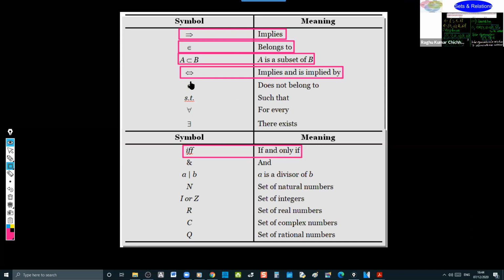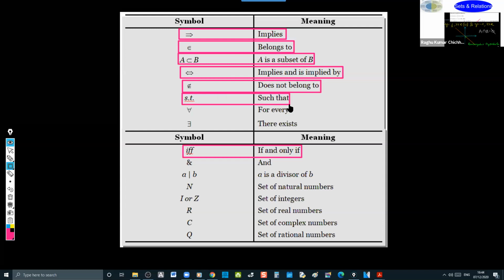And you can see this one is does not belong to. Whatever belongs to symbol is there, if you put a cross mark on it, then it is does not belong to. And S.T. is also used, which stands for such that. These are the symbols you must know.